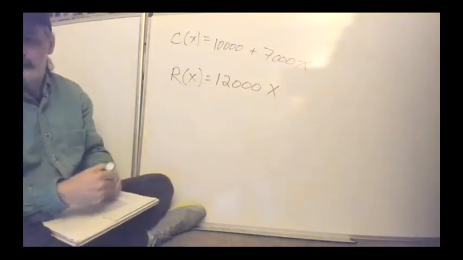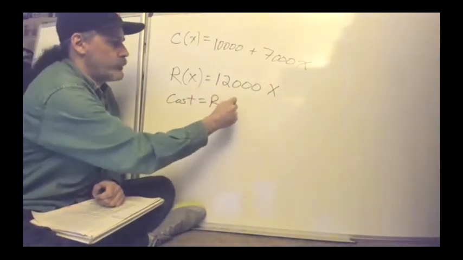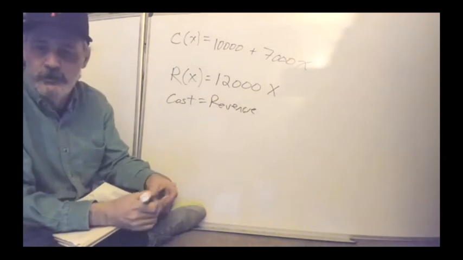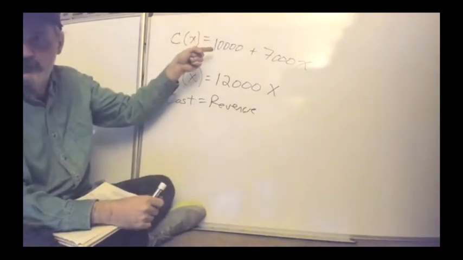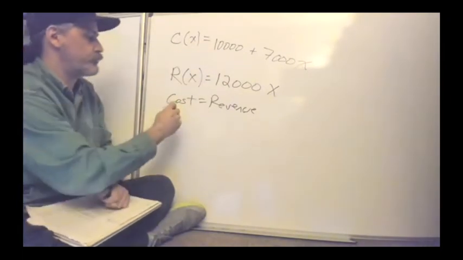Now, when we have the costs equal to the revenue, that means we make exactly the amount of money we initially spent. When we have these two equal to each other, that's called the break-even point.